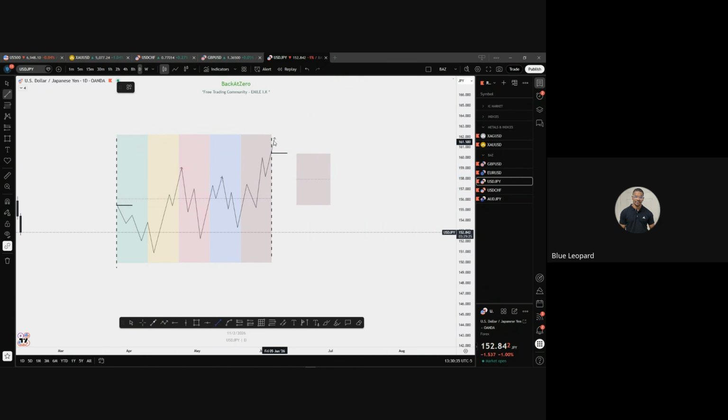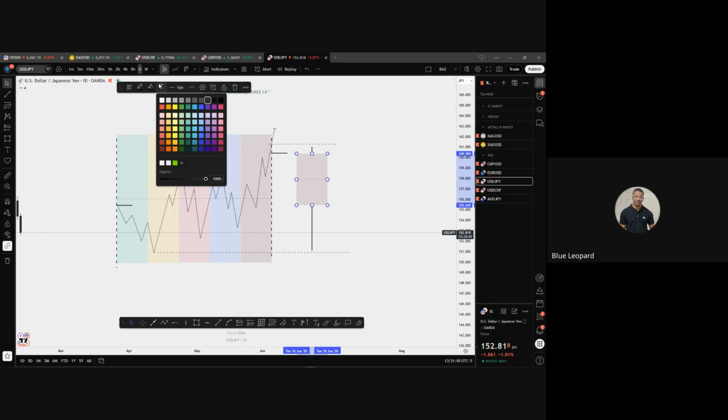The highest point could be here, and the lowest point will be here. This is how you will see the week at the end of the session on Friday. But it's a green one. Why? Because we opened here and closed above.